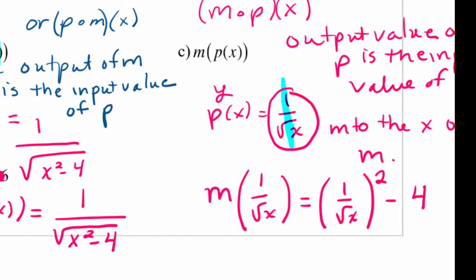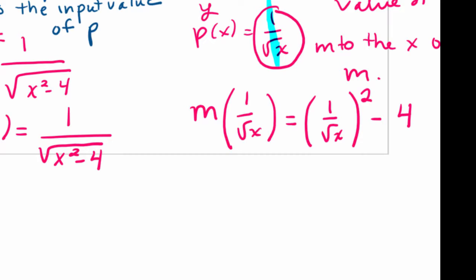Now we can simplify, because we can square this fraction: 1 squared is 1, and the square root of x squared is x, and then subtract 4. So m of p of x is given by the equation 1 over x minus 4.